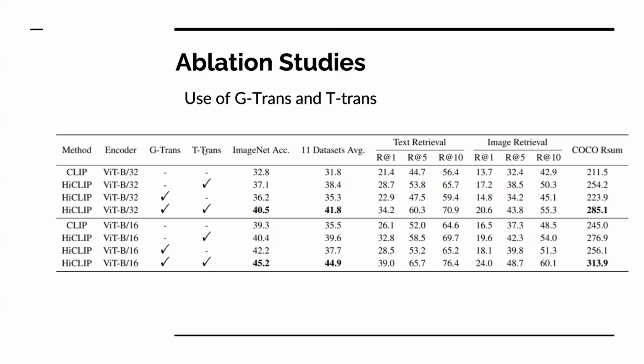Using tree transformer alone yields a much higher increase in performance as opposed to using group transformer alone. So this kind of implies that the language part of vision language models is really, really important if you wanna get a significant gain in performance.